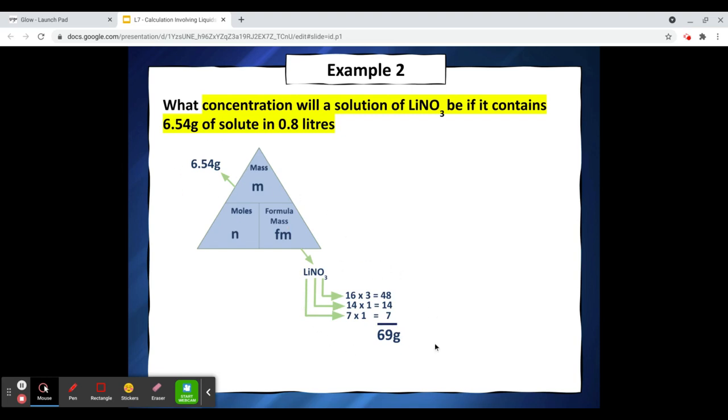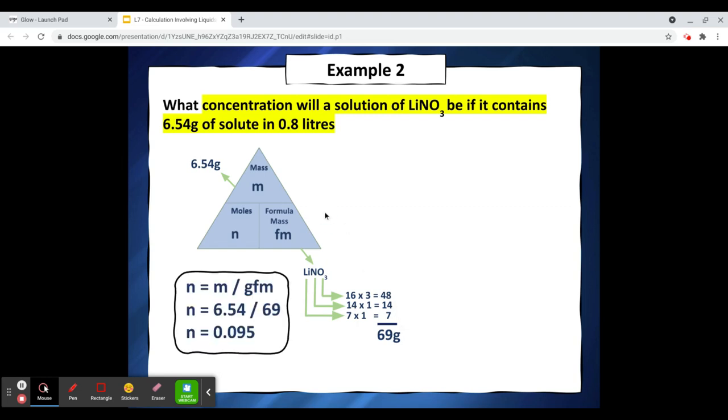Our formula mass of lithium nitrate, if we add it all together, is 69 grams. So number of moles equals the mass divided by formula mass. 6.54 divided by 69 is 0.095 moles.